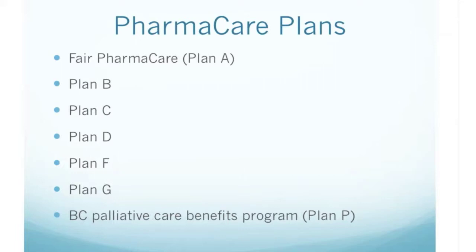Then there's Plan B, Plan C, Plan D, Plan F, Plan G, and the BC Palliative Care Benefits Program, which is known as Plan P. Each plan has got different criteria, and if a medication is covered under Pharmacare, it does not mean that it's covered under all Pharmacare plans. There is a place online where one can see which Pharmacare plan covers which medications, and we will go through that later on in the presentation.